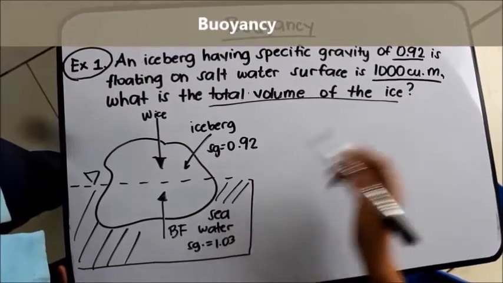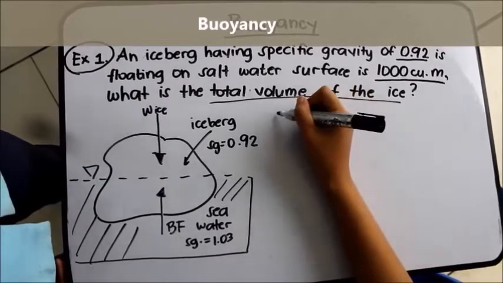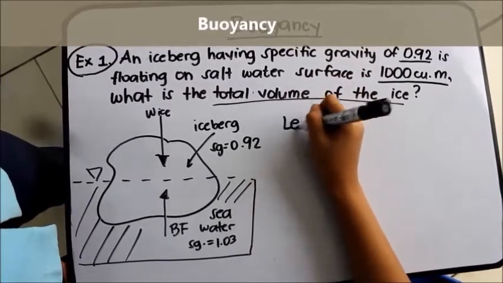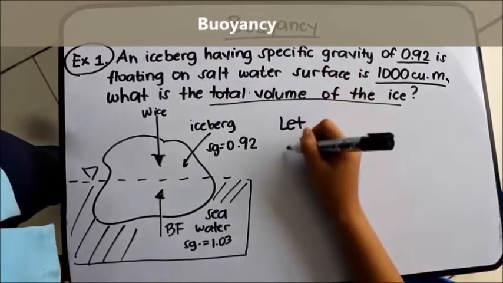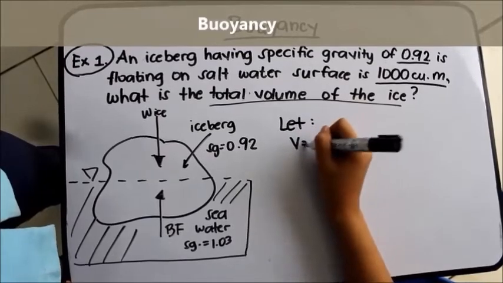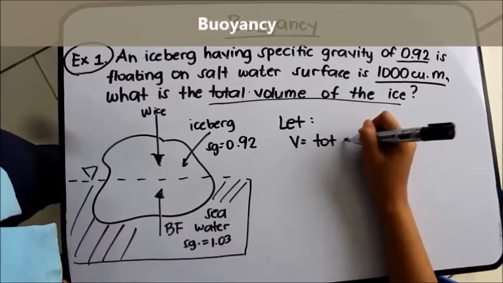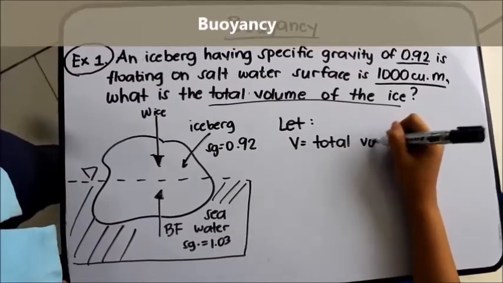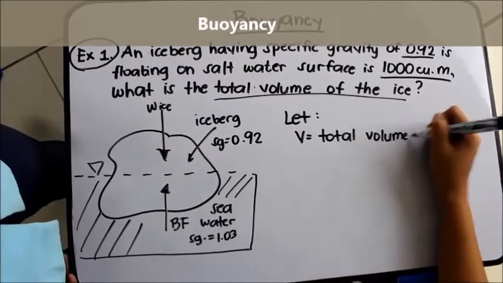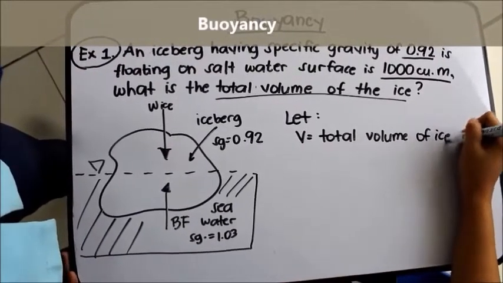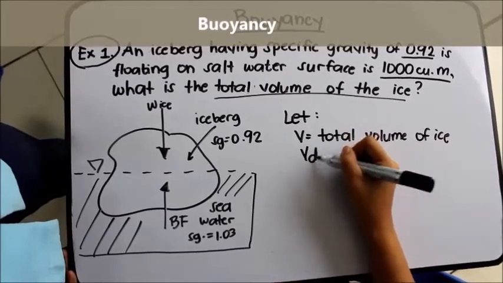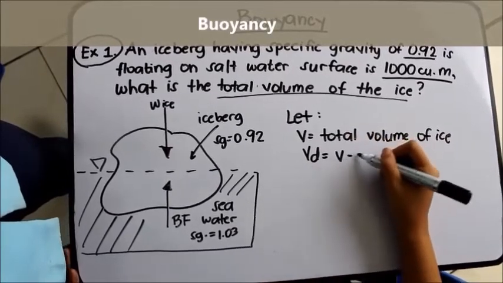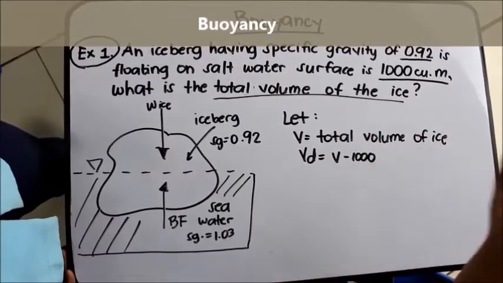So the first thing that you need to do after drawing the free body diagram is let V equal the total volume of ice, and Vd equals V minus 1000.